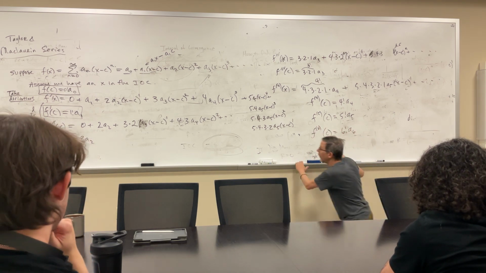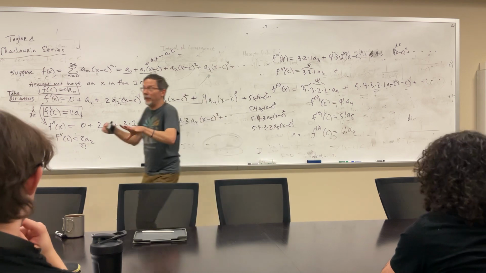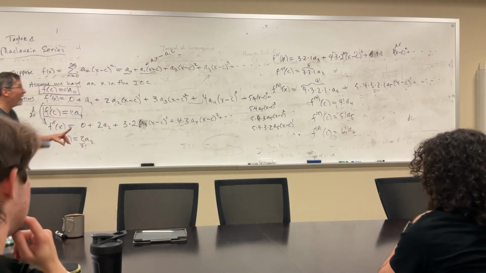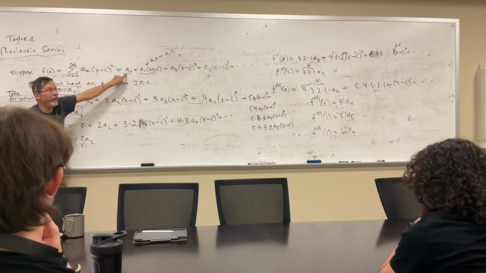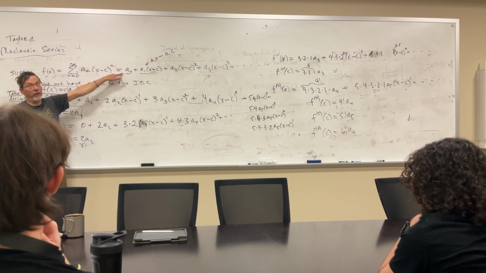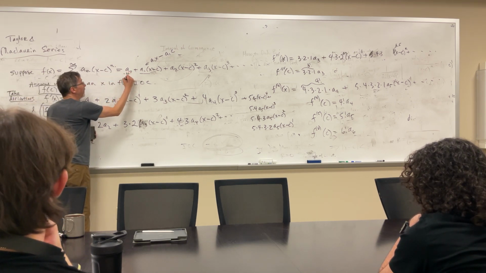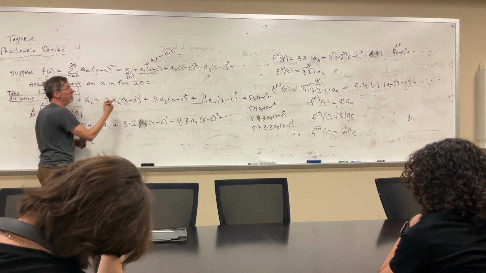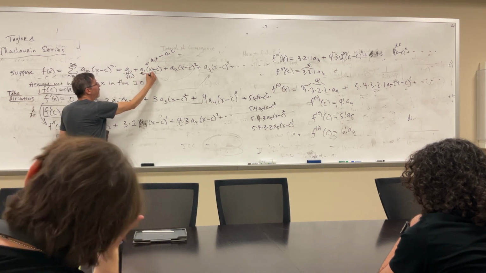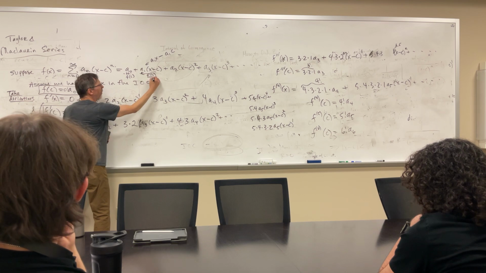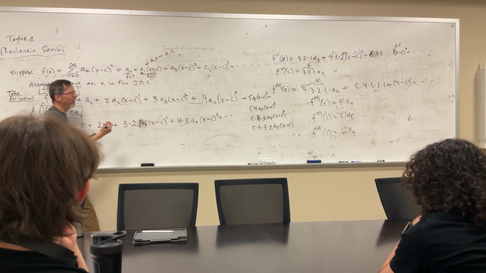There's something beautiful happening here, something super profound. The coefficients in this series, we now have the formulas for. A0 was just f at the center. A1 was f prime at the center over 1 factorial if I want.